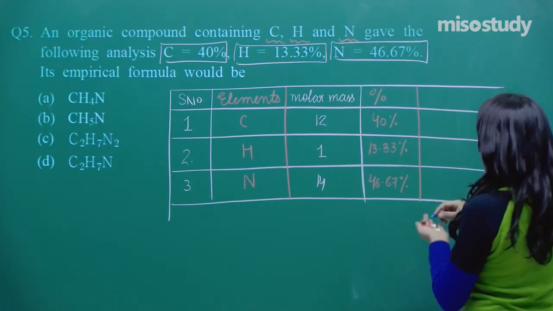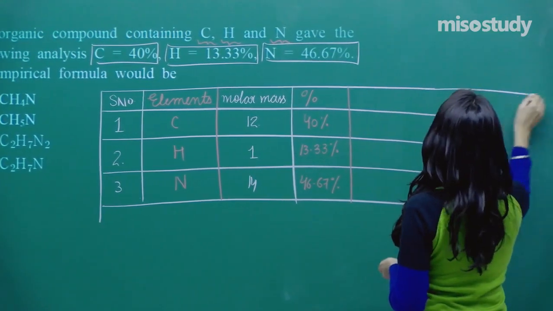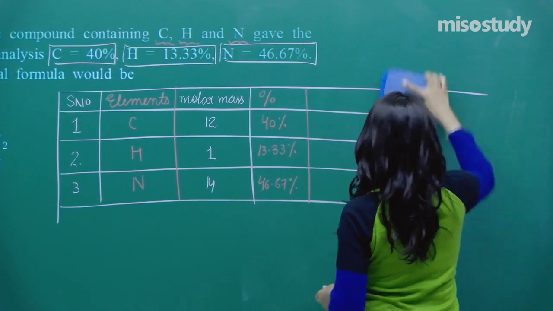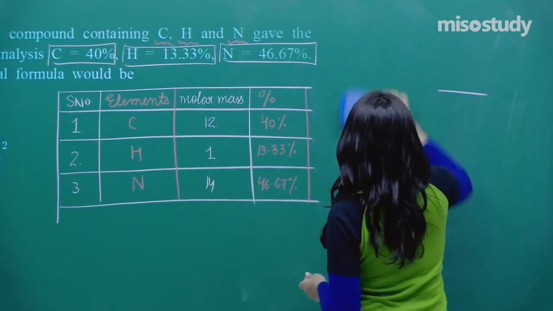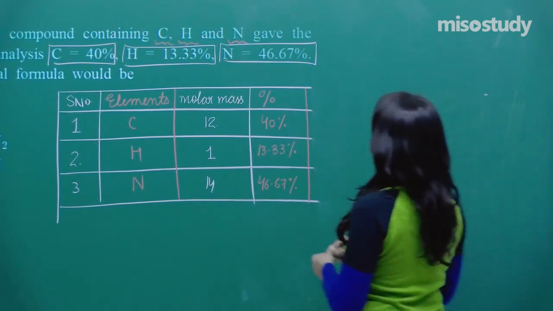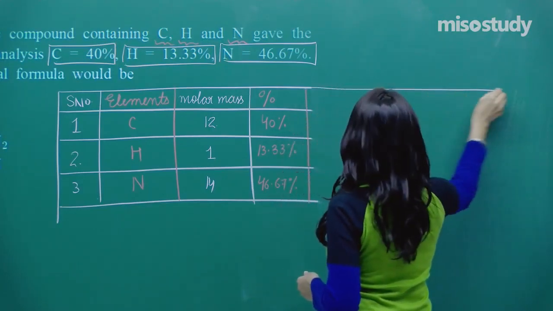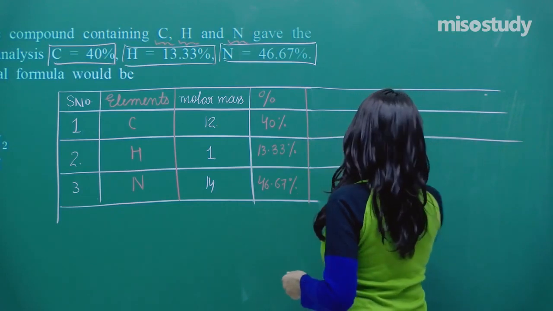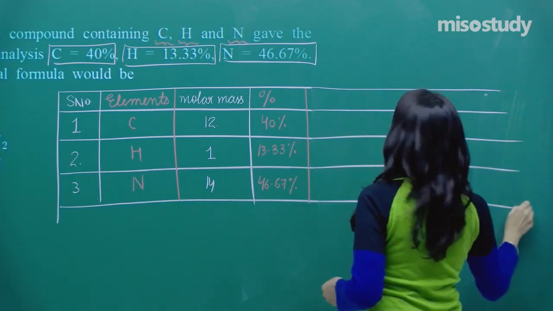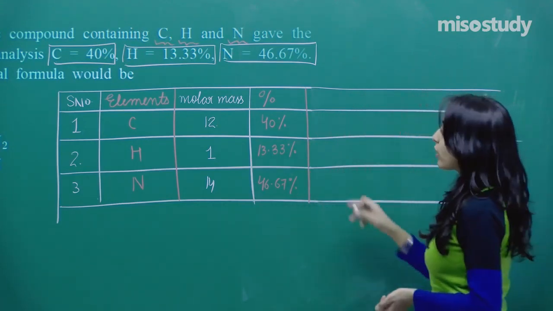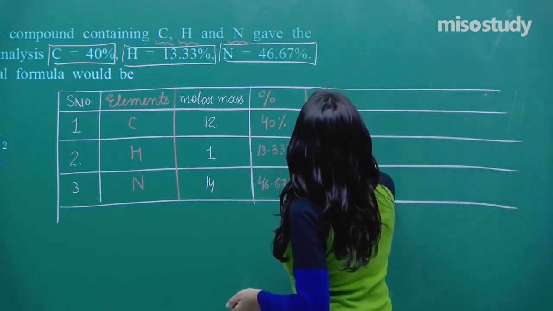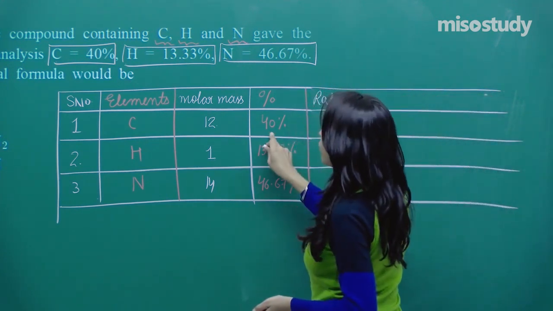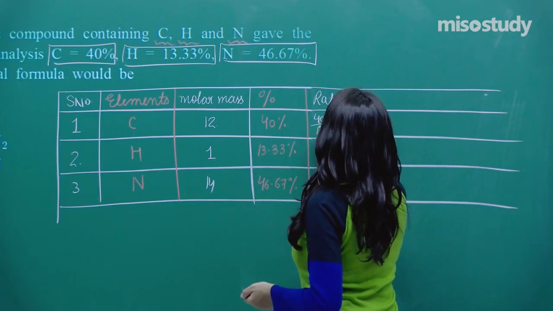I will simply ask you to take the ratio. What ratio do you have to take? You simply have to divide 40 by 12.